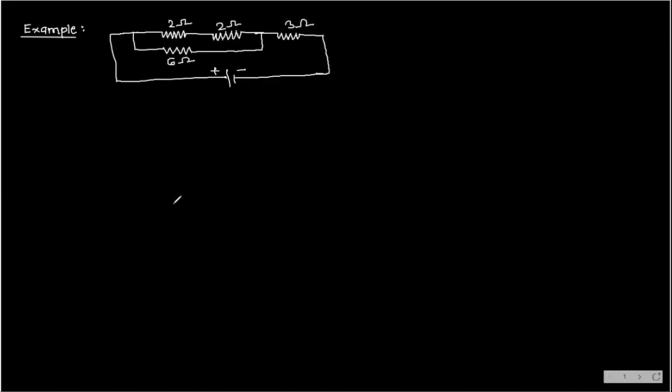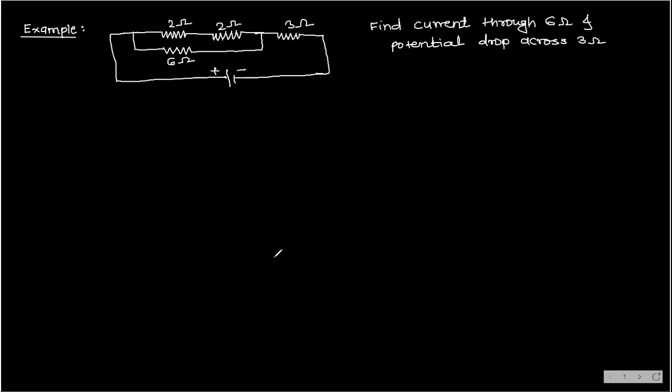Now, what is the question? Find the current through the 6 ohm resistor and the potential drop across the 3 ohm resistor.